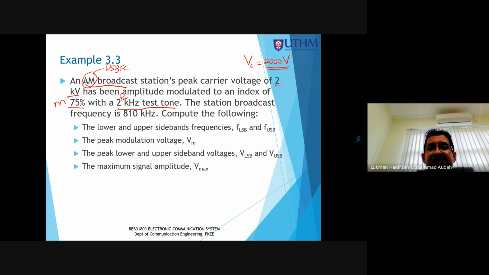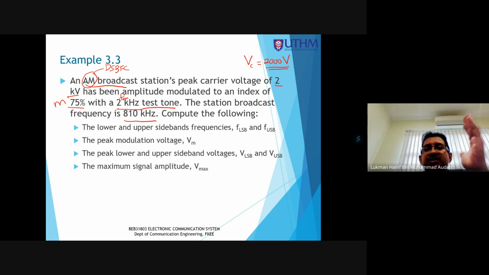And then the station is broadcasting with a frequency of 810 kilohertz. What does it mean? The broadcast frequency from the radio station is actually referring to the FC, the carrier frequency.